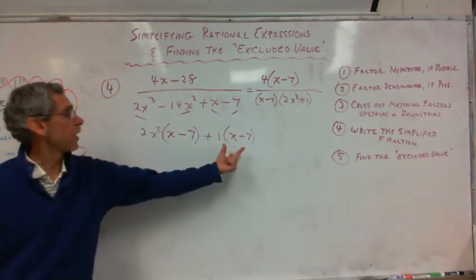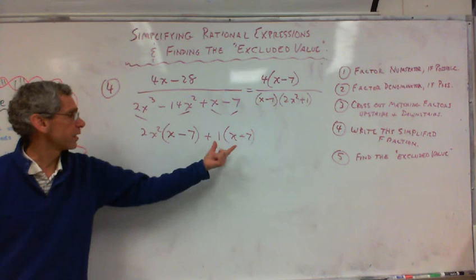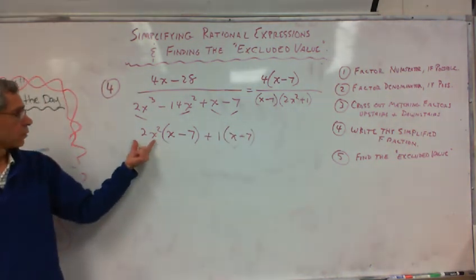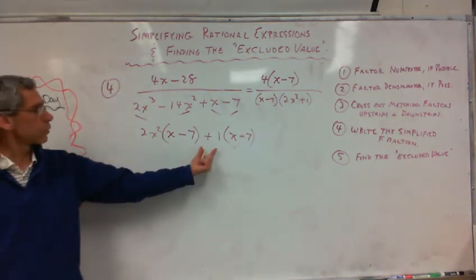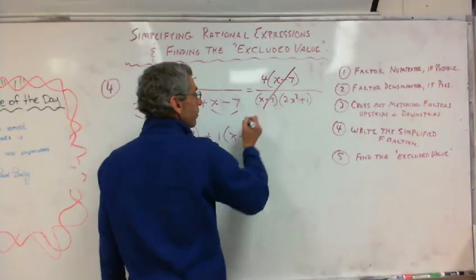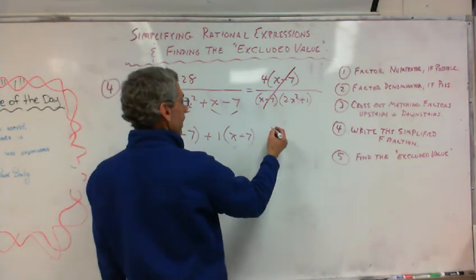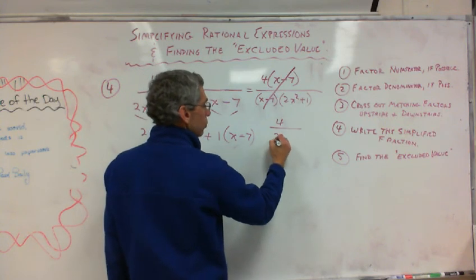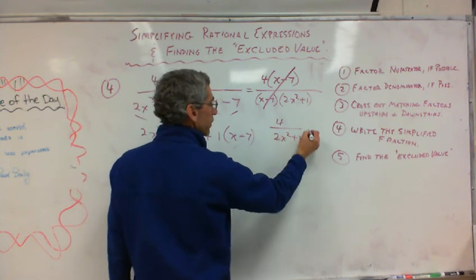And so now these two terms have an x minus 7, and I can factor out the x minus 7 and cross it out. And so I have left over 2x squared plus 1. So now I can cross out my matching blob, and my final answer is 4 over 2x squared plus 1.